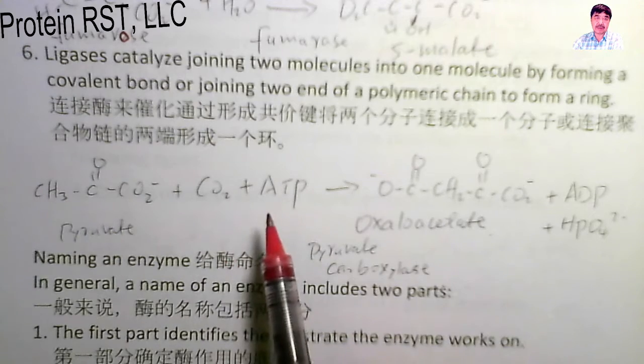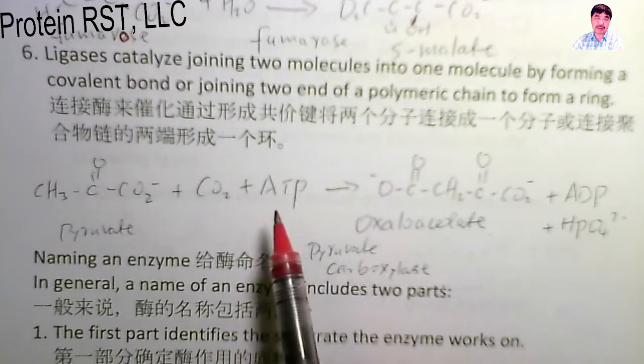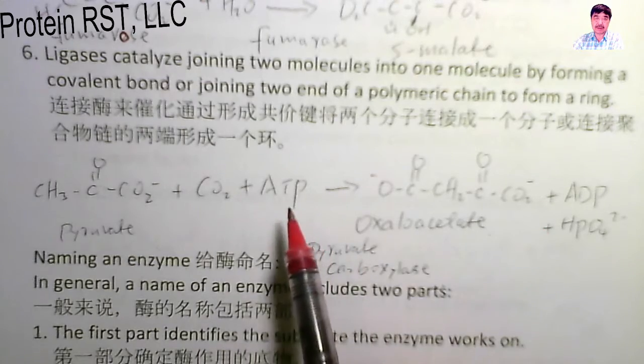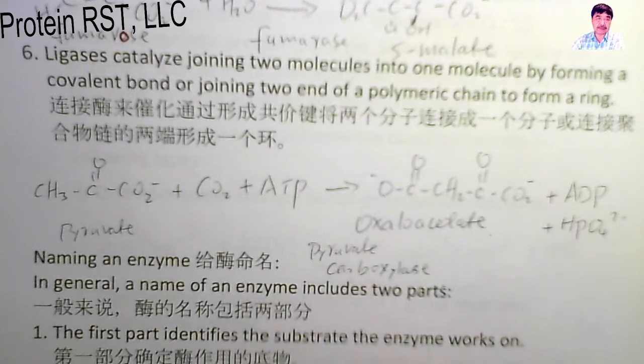This reaction requires energy. ATP is a high energy molecule, and it provides energy. In this reaction, ATP becomes ADP and phosphate.